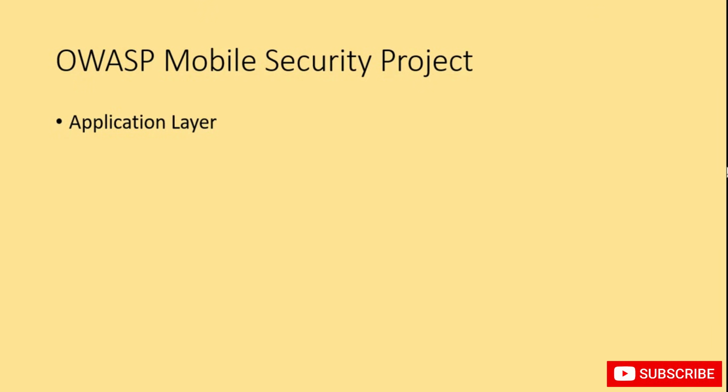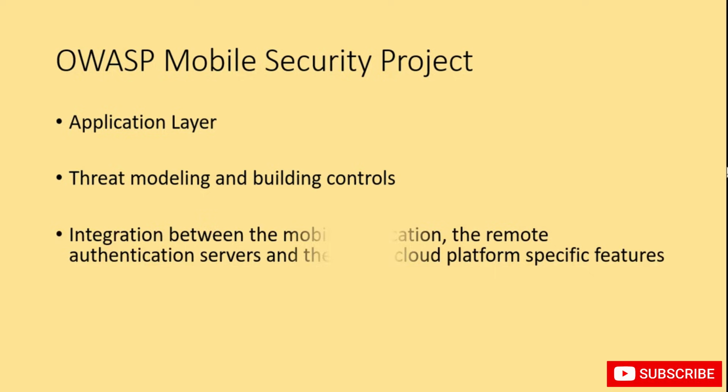Now their primary focus is at the application layer. They also take into consideration the underlying mobile platform, so the actual hardware itself and even the service provider risk when they are doing threat modeling and building controls. They also cover not only the mobile applications deployed on end user devices, but also the broader server side infrastructure which the mobile applications communicate with.